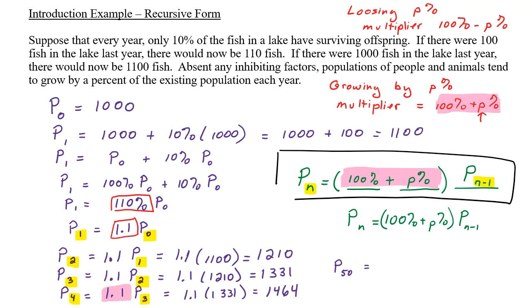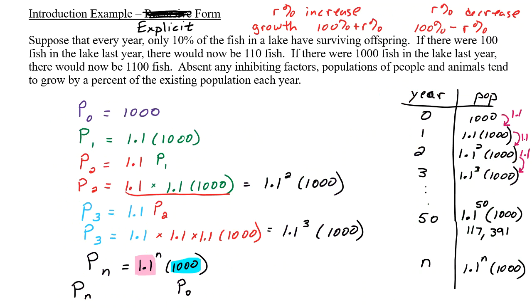And the recursive formula basically only lets you take some population and find the population the next year. The explicit form is going to allow you to find the population in any year that you want. Now, the way I have this formula written down here, this is one you want to memorize, but understanding where it came from will definitely help you memorize it.